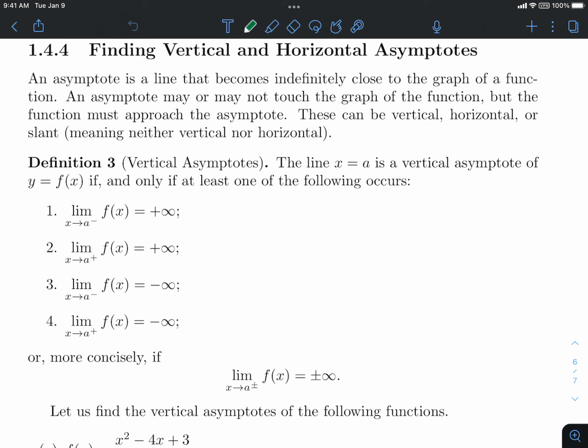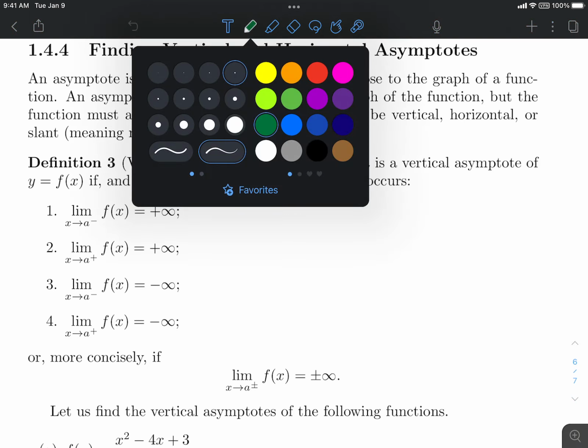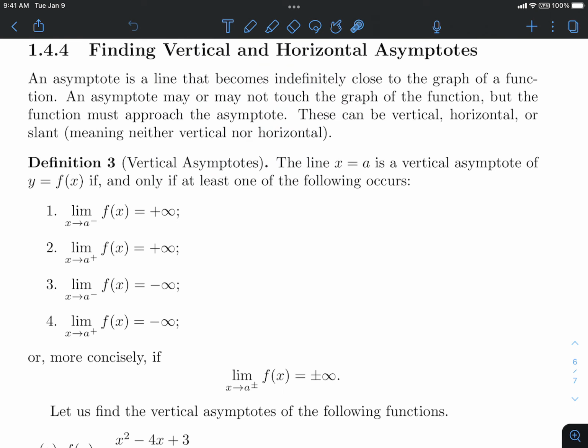The first thing I need to notice is how that information translates algebraically into a limit. So let me graph what I'm trying to say. Let's say you have this graph here. Have some a here, and this is the line x equals a.